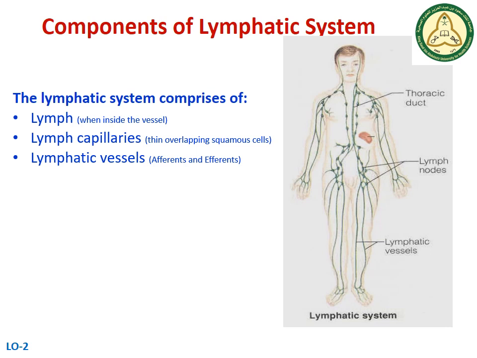Lymph nodes act like a railway station. The train, that is the lymph that is running, comes to the station where the passengers step down and new passengers come in, and there is some exchange there, and then the train exits from the station and goes further ahead, then finds another station. So there are several stations for the same train.